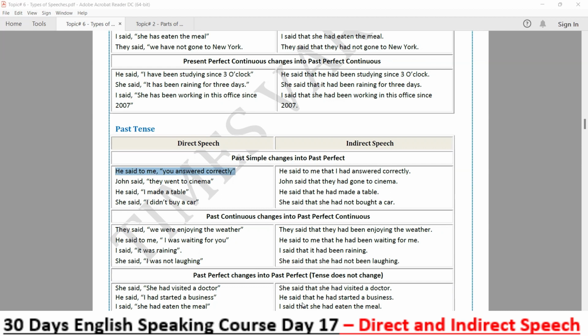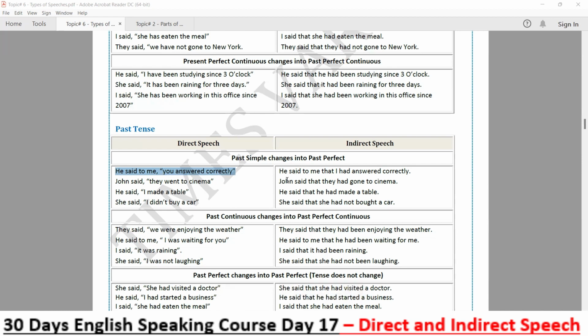"He said to me" is past simple. "You answered correctly": you see the second form of the verb is used. You answered, meaning it is also in past simple. So you answered correctly.